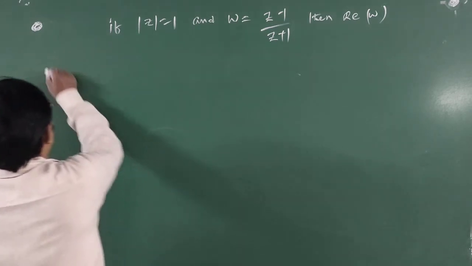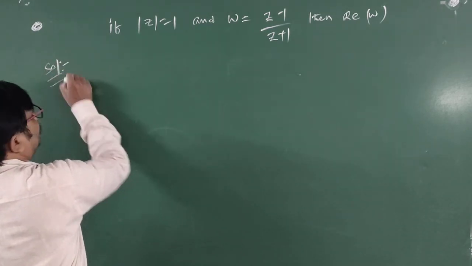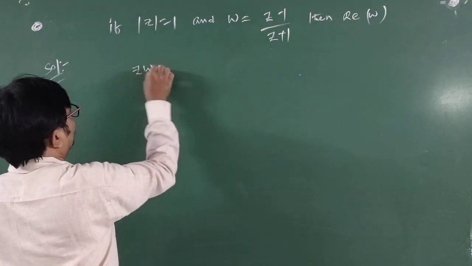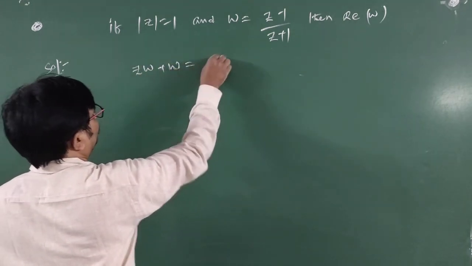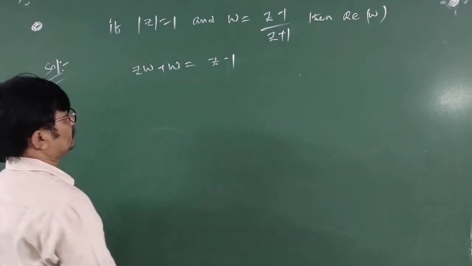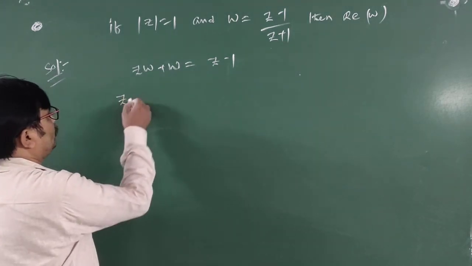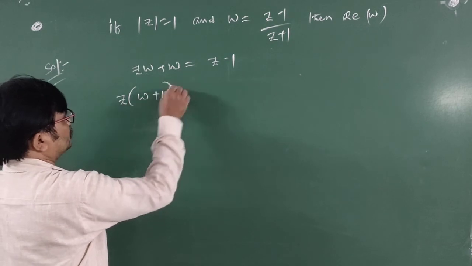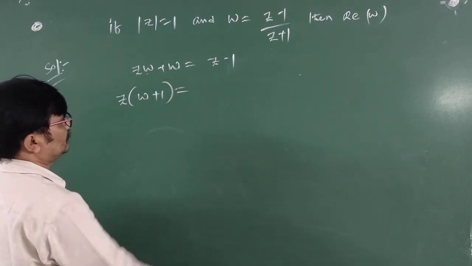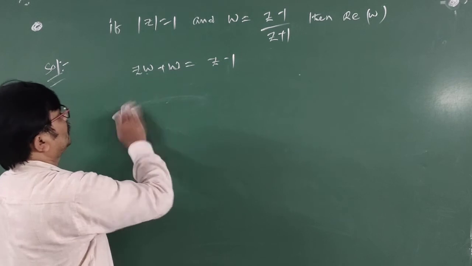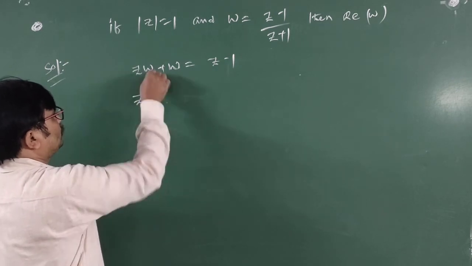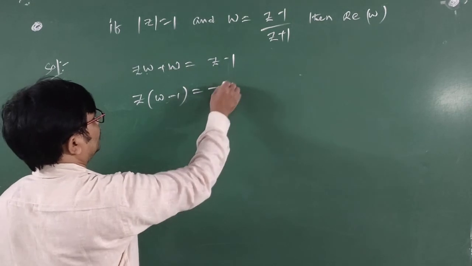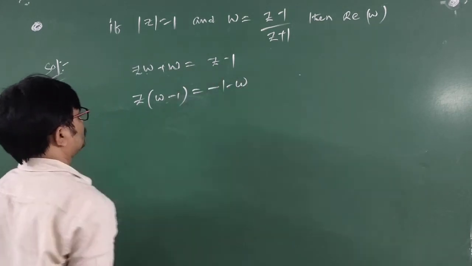So students, here first we multiply: z w plus w equals z minus 1. So z is common: z into omega minus 1, and these two are sent to the other side, minus omega.